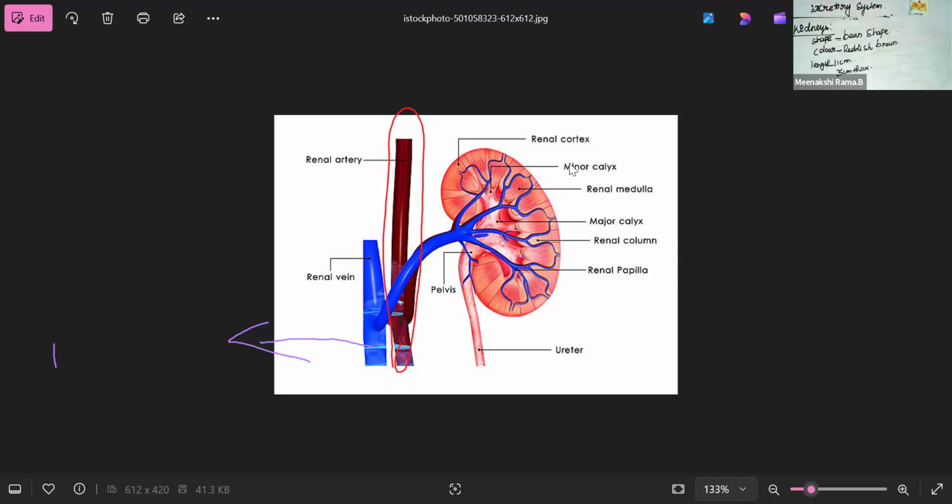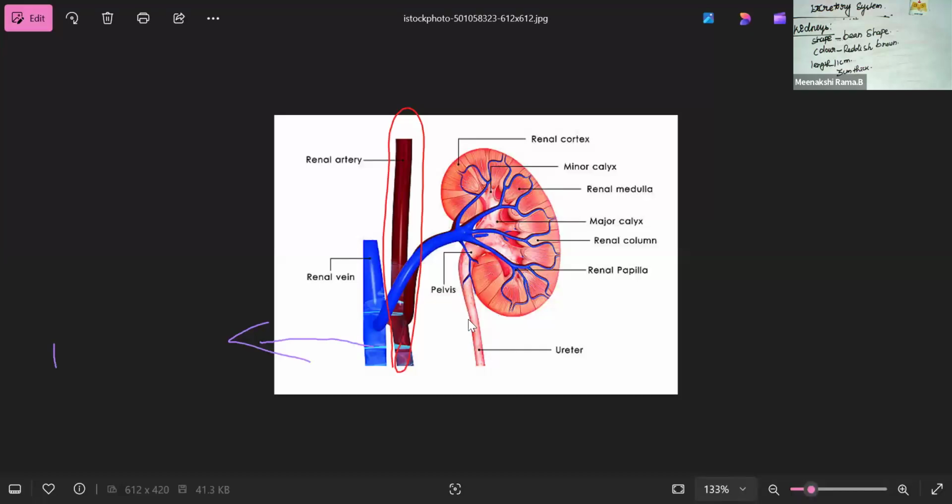Okay. The ureters are thin muscular tubes. The ureter is a thin muscular tube at the bottom part of the kidney, emerging out from the hilum. The urine enters the ureter from the renal pelvis.